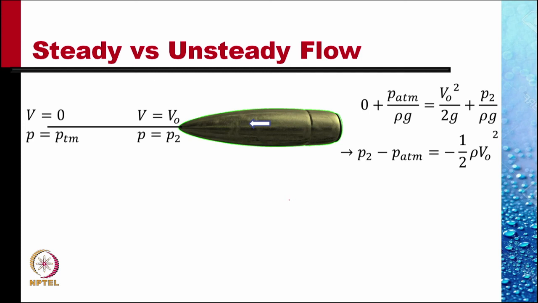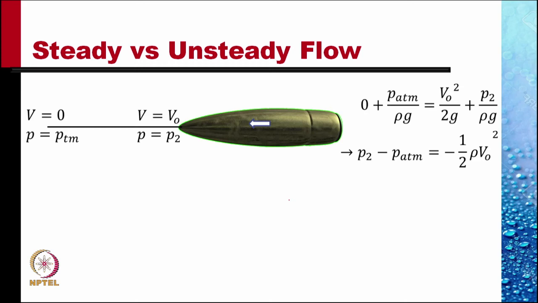The velocities are written correctly. So where have we gone wrong? Where we have gone wrong is that the flow is not steady. Bernoulli equation applies only to steady flow in the form that we derived it. So, we have to make flow steady before we apply the Bernoulli equation.